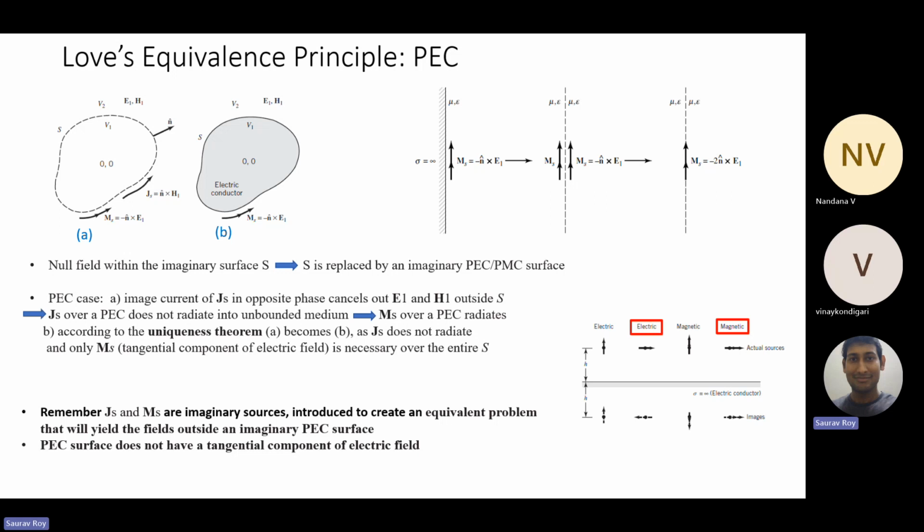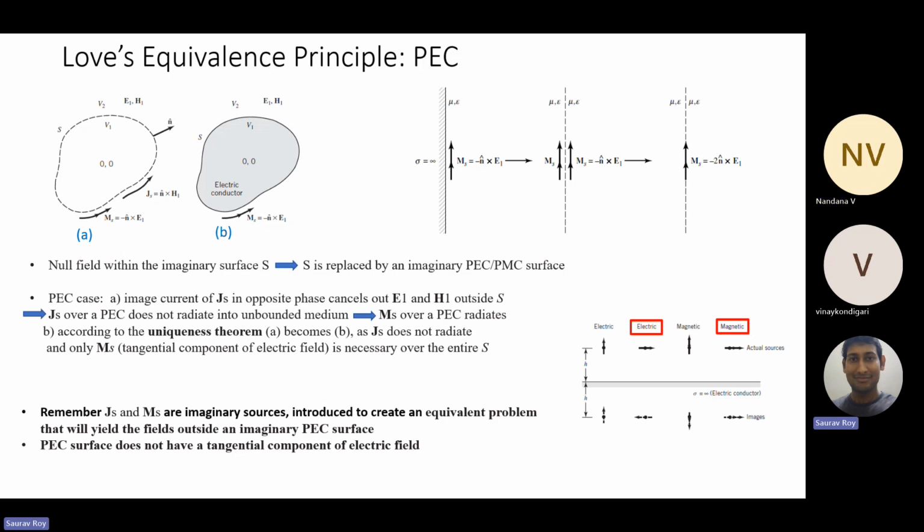That is what you see in the bottommost picture: in the case of horizontal electric, the direction changes. The image source and actual source are in opposite directions. Do you see what I am talking about? But for the magnetic case, the horizontal magnetic sources are the same, right? That is how it is useful.